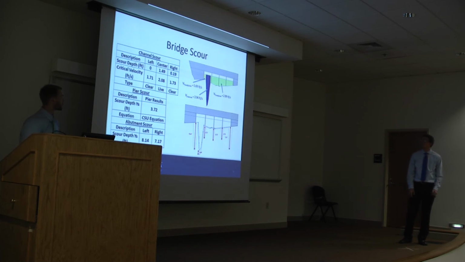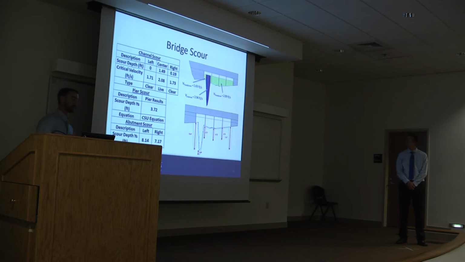So this slide here is the results that we got from our HEC-RAS bridge scour model. If you look on the top right-hand side, that is our velocity profile. And if you look on the channel scour table at the top left, you see that we have a scour depth of 0 for the left-hand side.